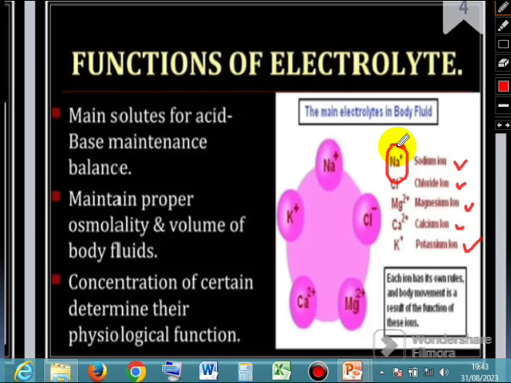So what causes depolarization? Sodium ion. Depolarization is the alteration of the resting membrane potential.